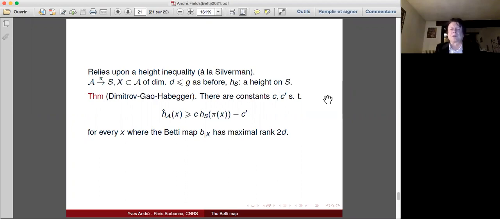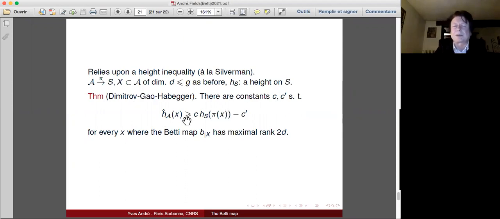Then the theorem, due to Dimitrov, Gao, and Habegger, is that you can compare two heights, namely the Néron-Tate height of a point on A and the height, in the sense of h_S, of its image in S. In fact, there is a lower bound like this.